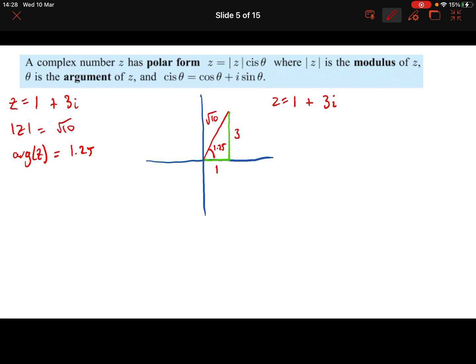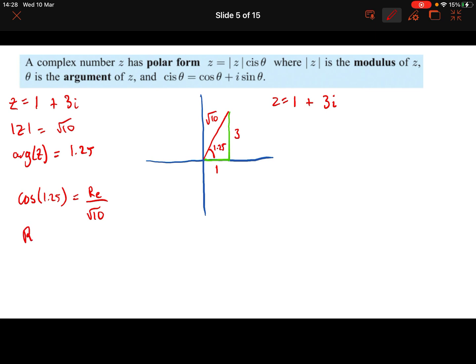That's what z is equal to. That's Cartesian form. But another way of doing it is to use a bit of trigonometry. We can say that in the real direction, cosine of 1.25 is equal to how far you go in your real direction over the modulus, over the hypotenuse of that triangle.